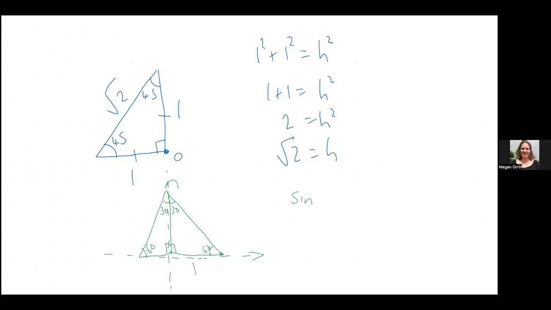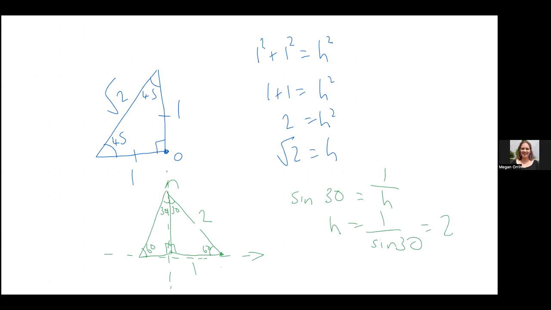Am I using 30 or 60? 30, right? Because 30 is opposite my 1. So sine of 30 is my opposite over my hypotenuse. So that means the hypotenuse is 1 over sine 30. That is going to give me 2. Isn't that amazing?